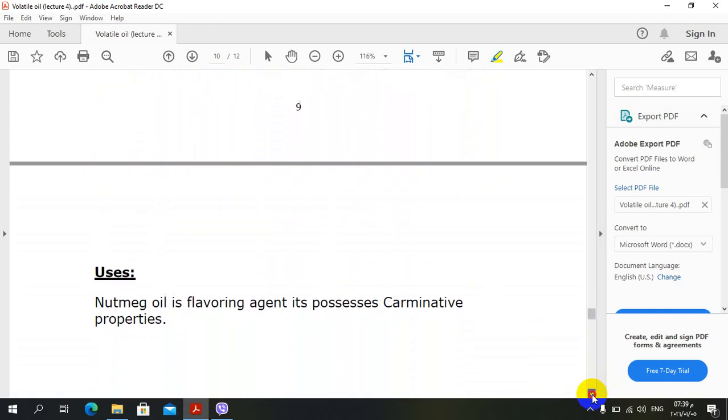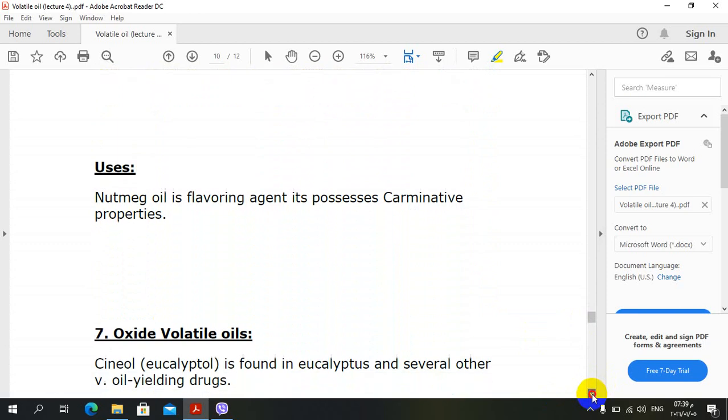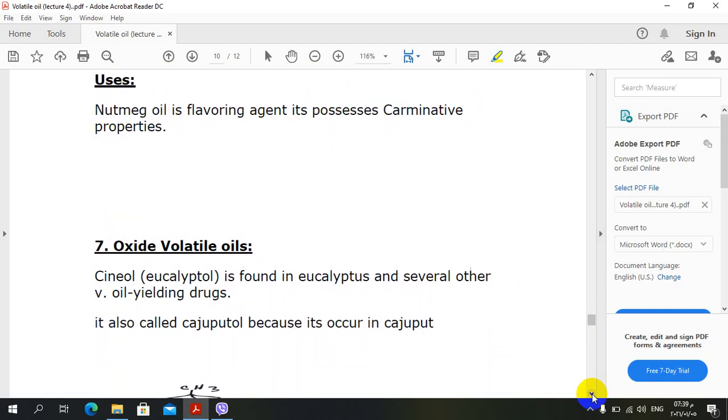Uses: nutmeg oil is a flavoring agent. It possesses carminative properties. The other one is the oxide volatile oil, like the cineol, which is found in eucalyptol, cineol eucalyptol from eucalyptus, and several other volatile oil yielding drugs.